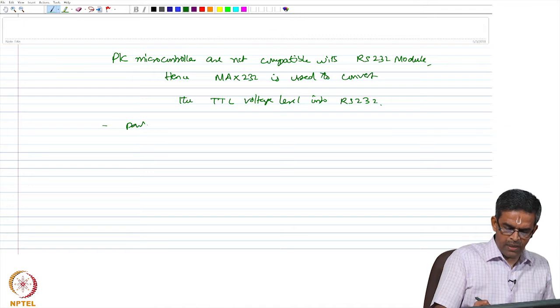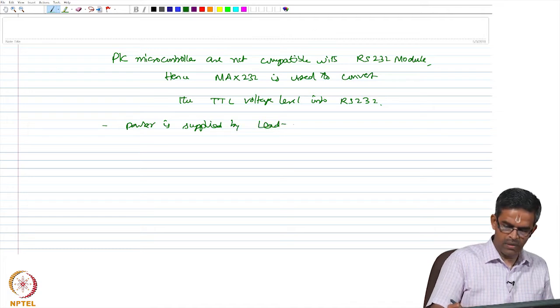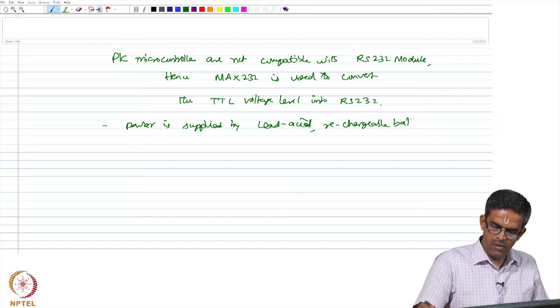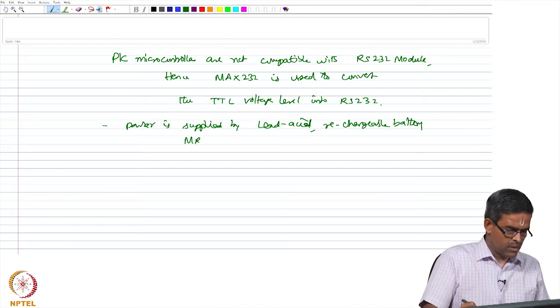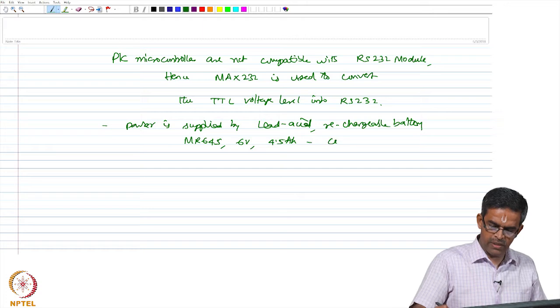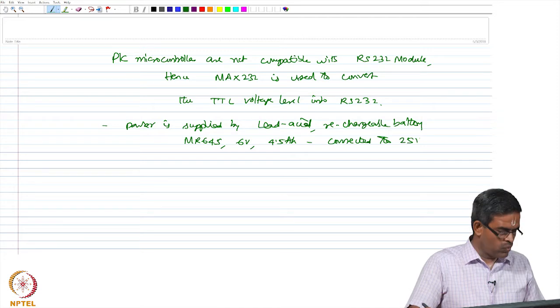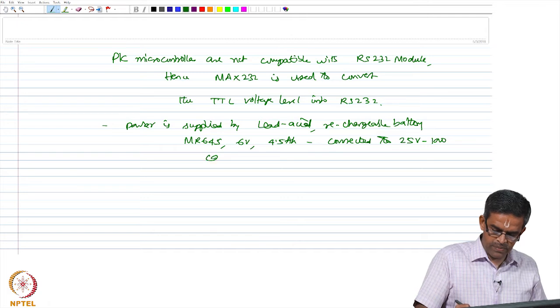The power is supplied by a lead acid rechargeable battery which is MR645 6 volt 4.5 ampere hours, which is connected to a 25 volt 100,000 capacitor.